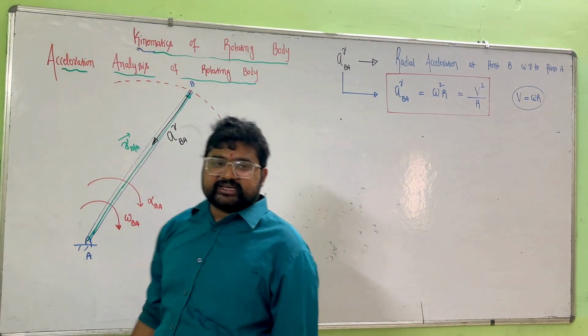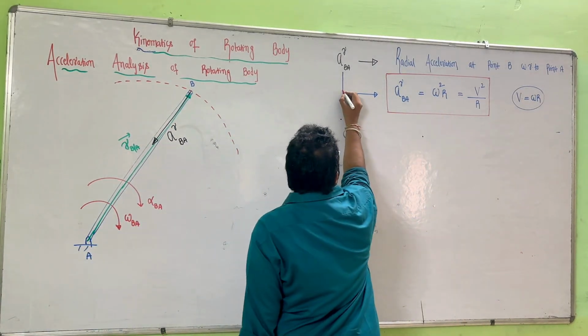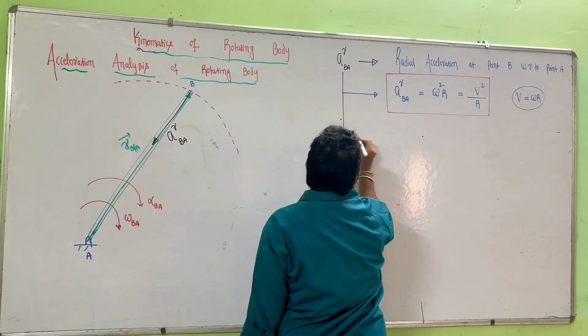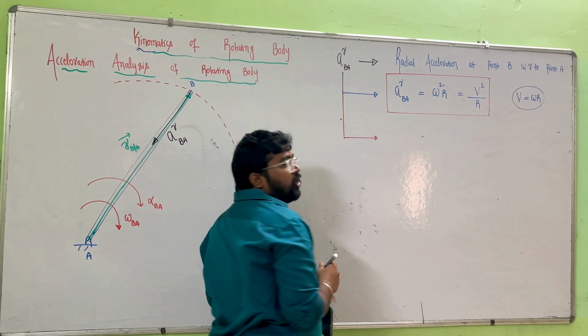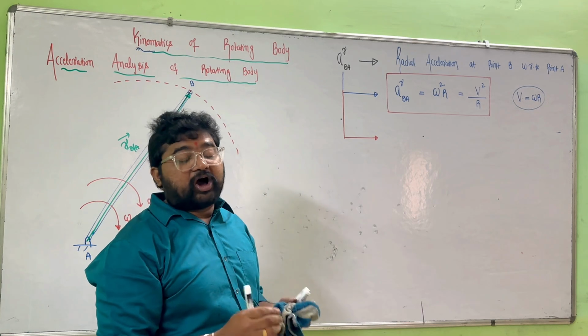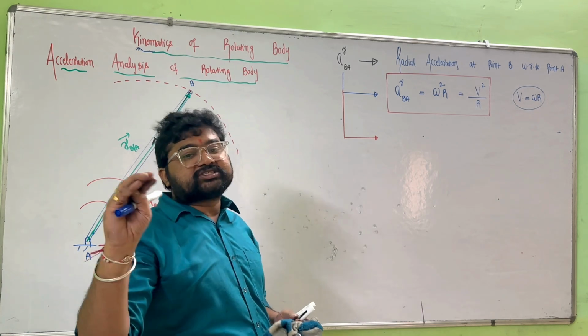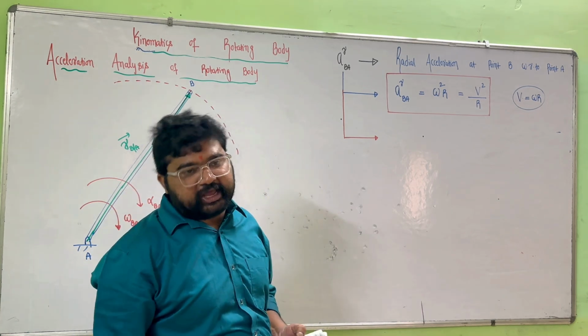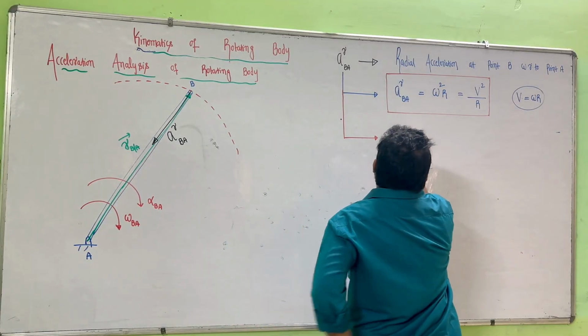What is the direction of radial acceleration? It always acts from point B towards the center of rotation of the body. Clear?